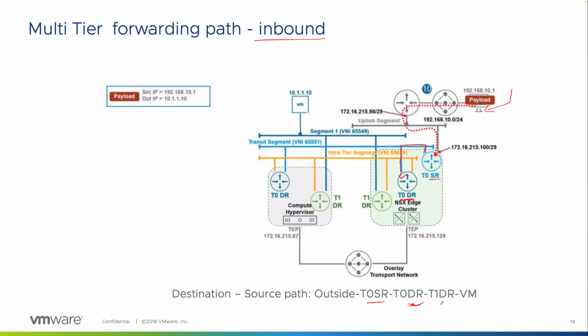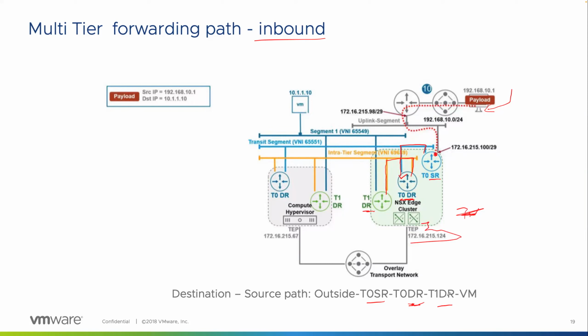Then the packet will go from T0DR to the T1DR, which is again the closest DR, right? All three routers are sitting in the same transport node, which is the edge node, this transport node.